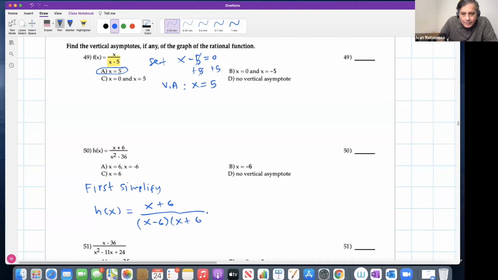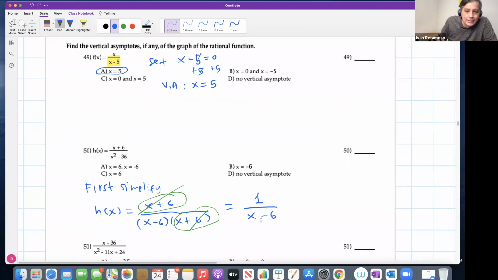Look, I factor the denominator as x minus 6 times x plus 6 using difference of squares. But when you do that, notice this x plus 6 can be canceled. So what is this saying? This is saying that h of x in reality is not this complicated function. It's a simpler function. It's just this.